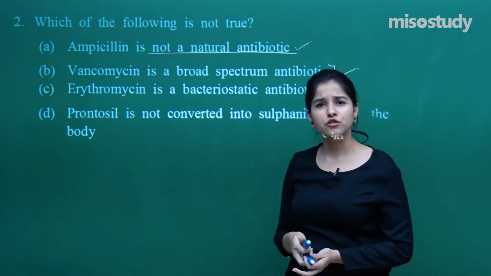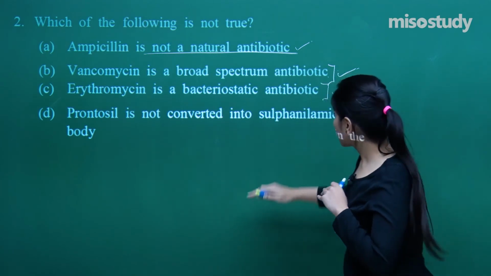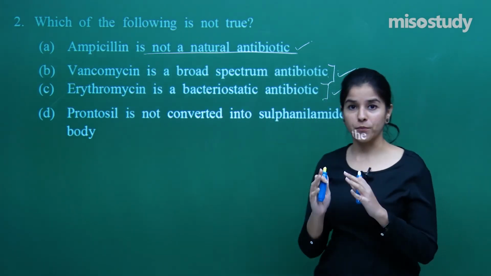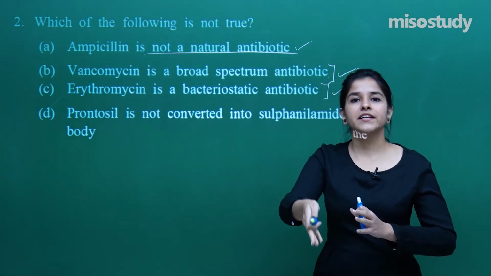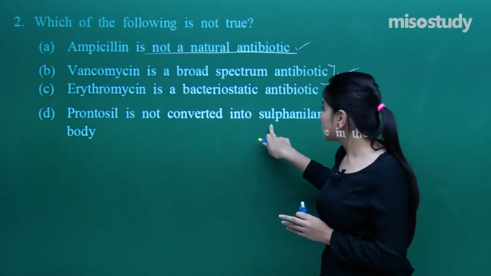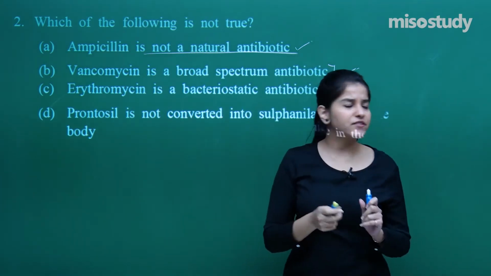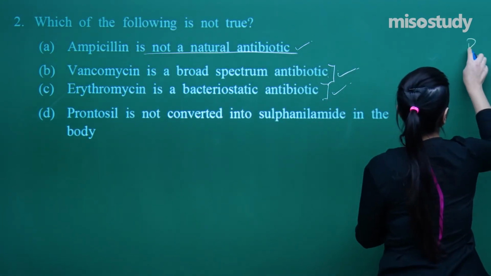So what is actually Prontosil? It is again an antibiotic and it contains what? Sulfanilamide group. So definitely whenever it gets into the body, it will get converted into the sulfanilamide, but the statement says it is not converted. So let us just have the structure first. What is Prontosil?